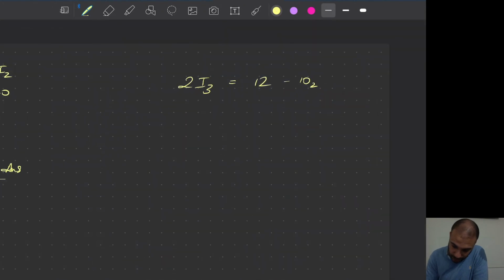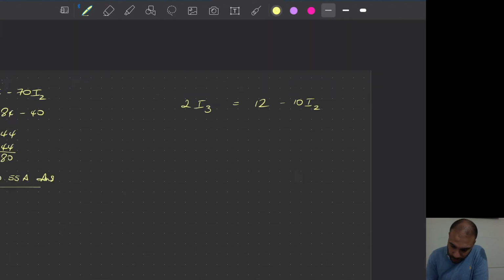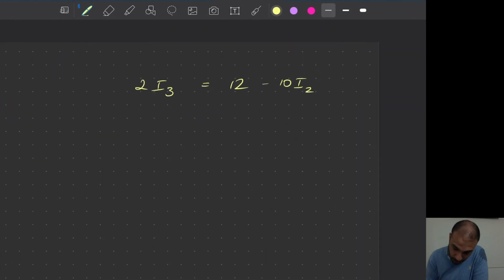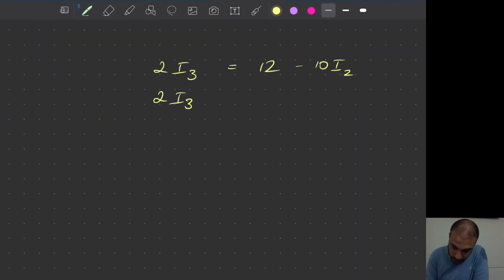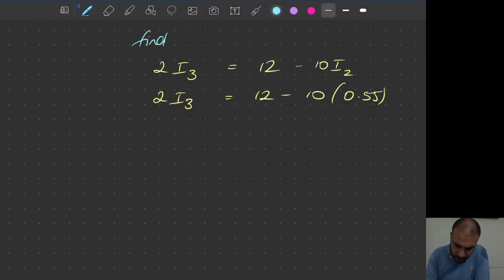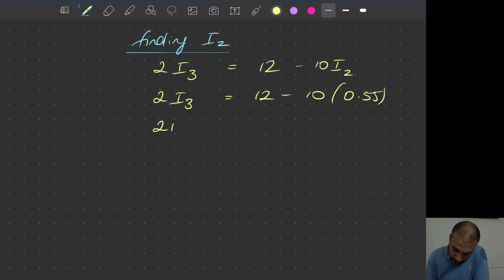Since i2 is 0.55, 2i3 is equal to 12 minus 5.5.